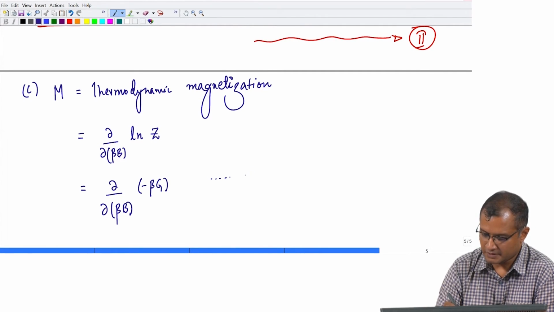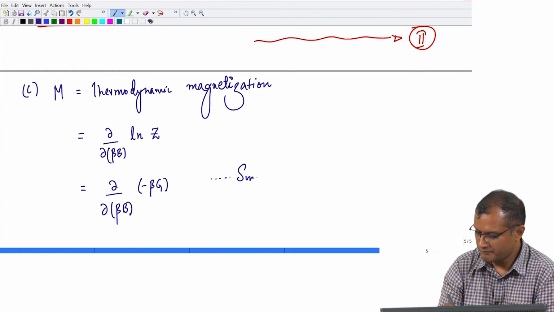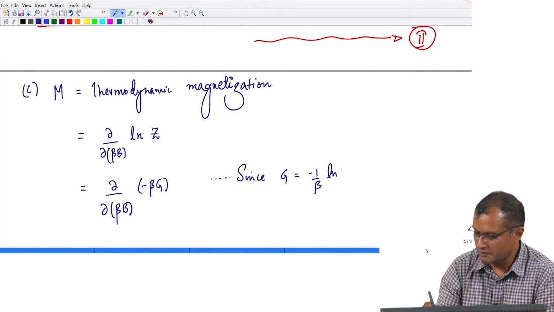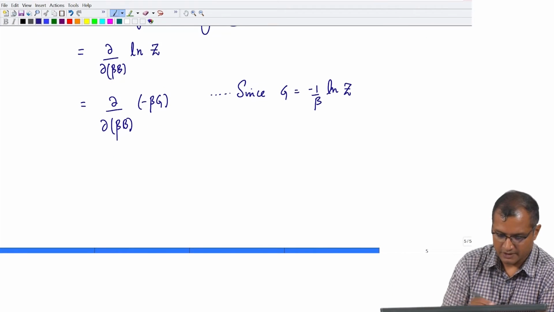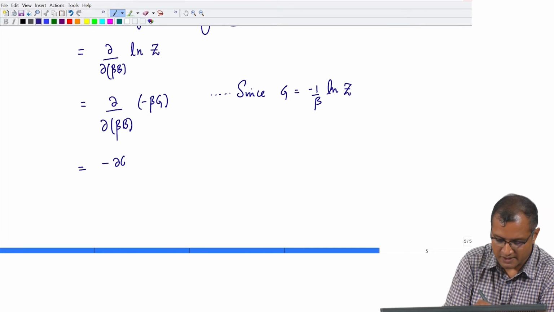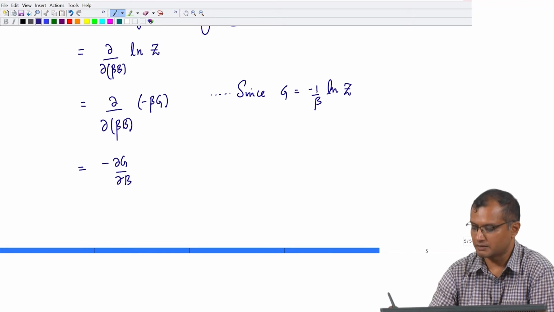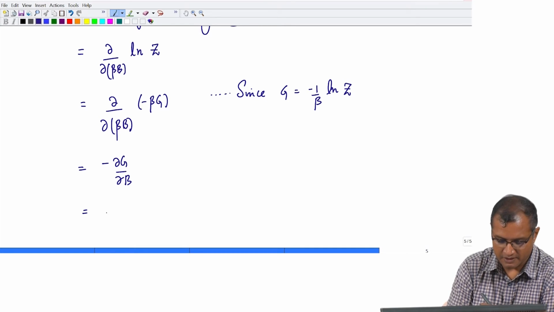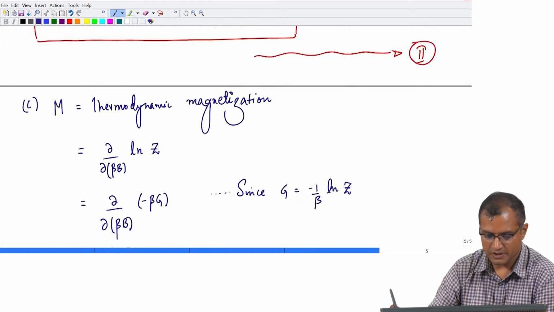So, I know already that minus one over beta ln partition function is related to the Gibbs free energy. So, I have simply substituted that here. I can knock off beta. So, this is just minus dG over dB. Okay. This is my magnetization, and we have used the value of the Gibbs free energy that is just computed for small fields. Okay. So, just computed for this small field.